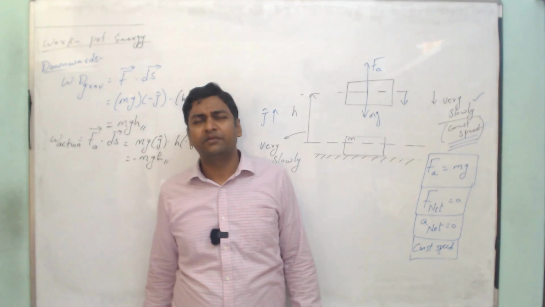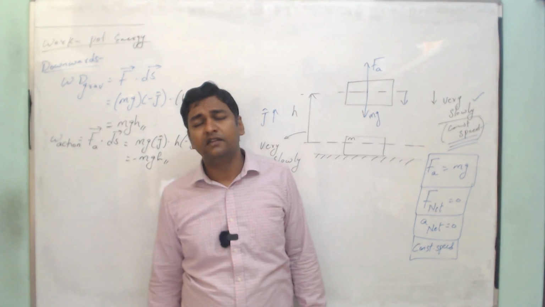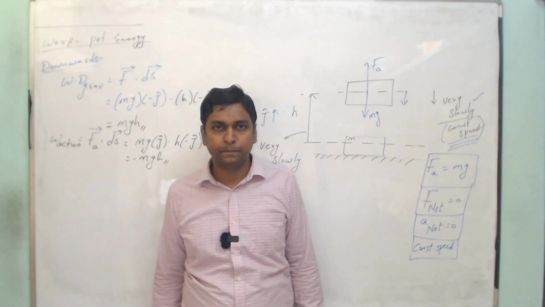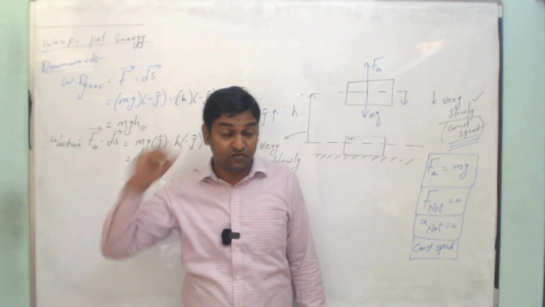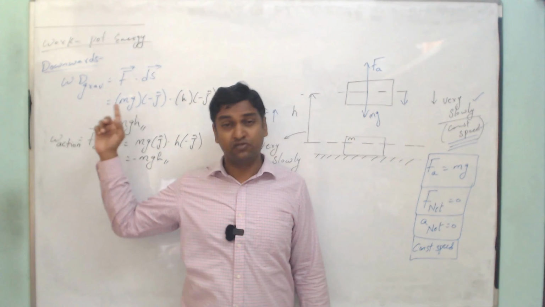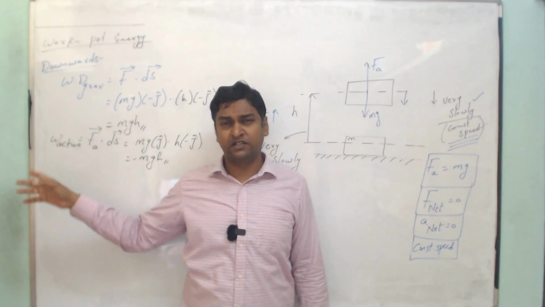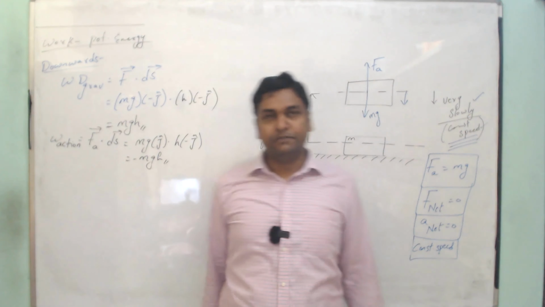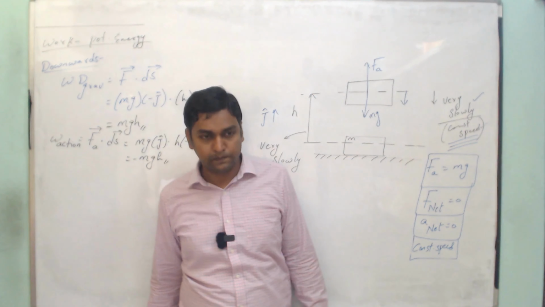Ultimately, I don't know these many chapters. I just know one thing: whenever there is change in energy, there is work done. And from my school definition, I am deriving that the work done by the gravitational force while coming downward is mgh. What is the work done by the action force while coming downwards? Minus mgh. Is this clear?